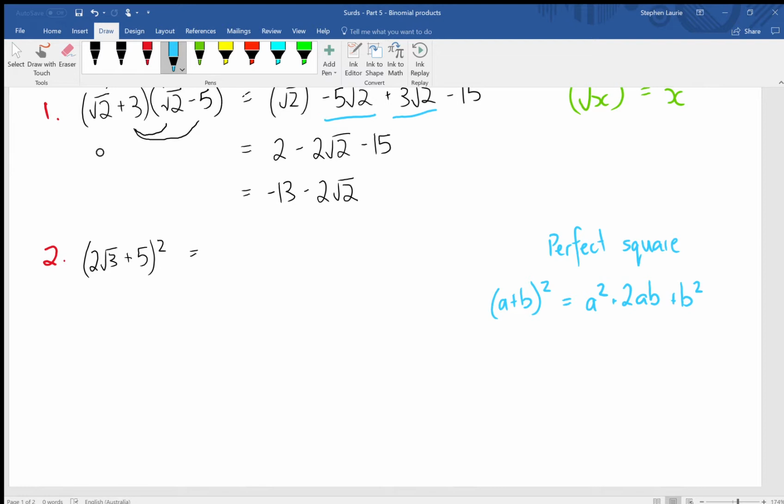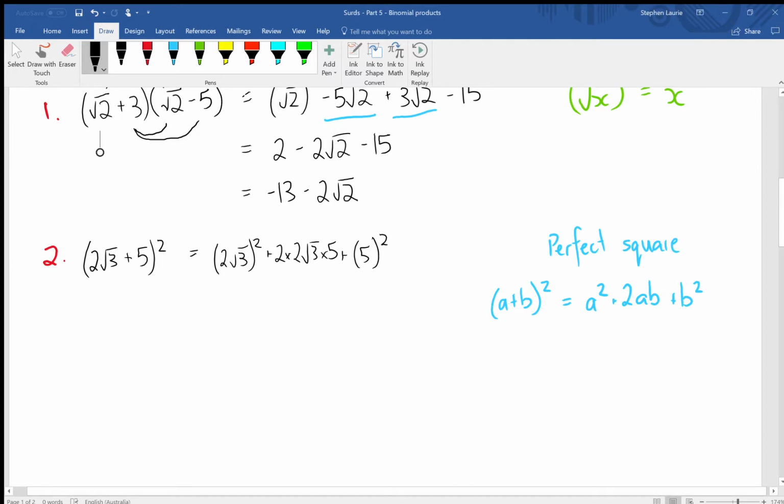So let's apply that now. We have the first term, which is 2 root 3 all squared. We have the last term, which is 5 all squared. And in the middle, we have 2 lots of 2 root 3 times 5.